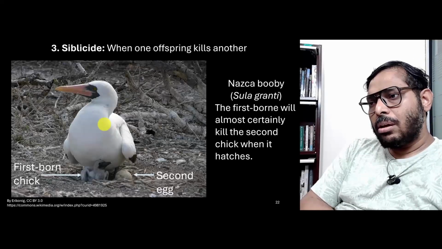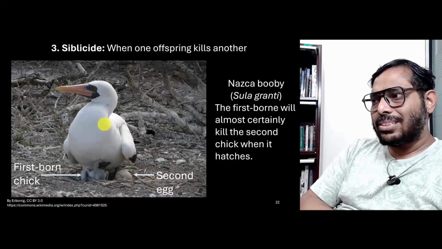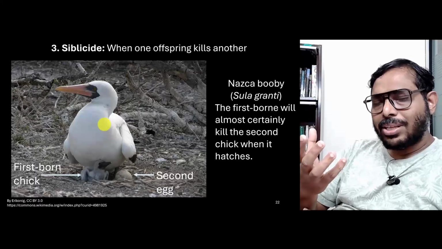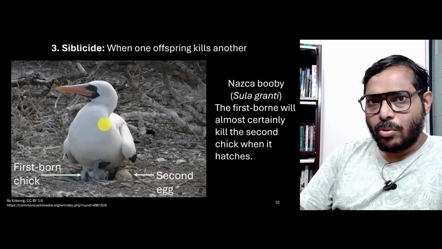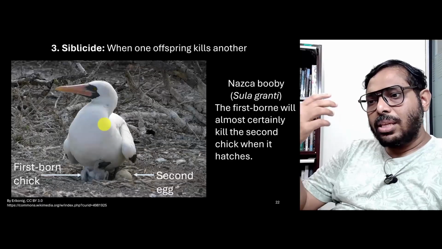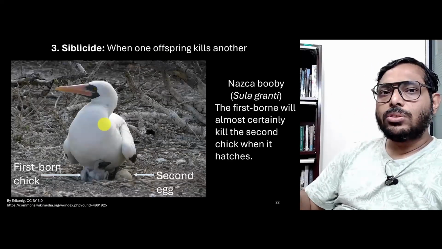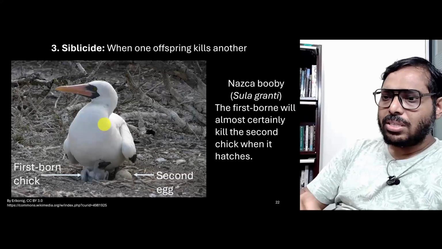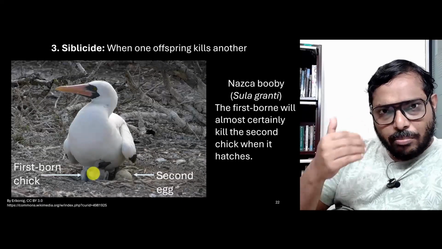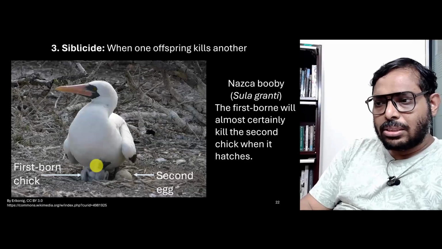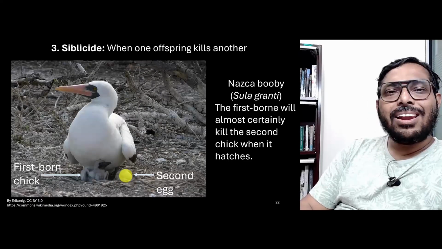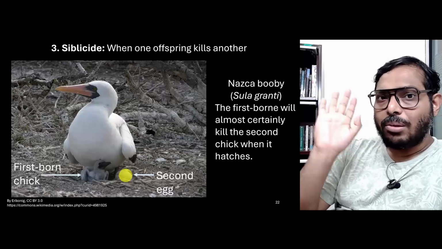This is a bird known as the Nazca booby, and they lay eggs, but the eggs are not laid at the same time. One egg is laid earlier, the second egg is laid later, and in this particular case you have what is known as obligate siblicide, which means that this chick which has come out of one egg, the firstborn, is going to kill the second one when it emerges.